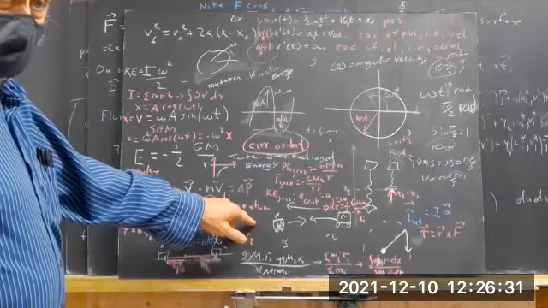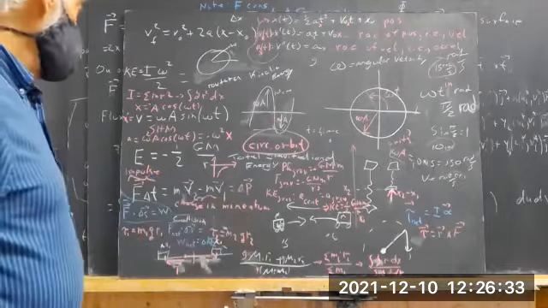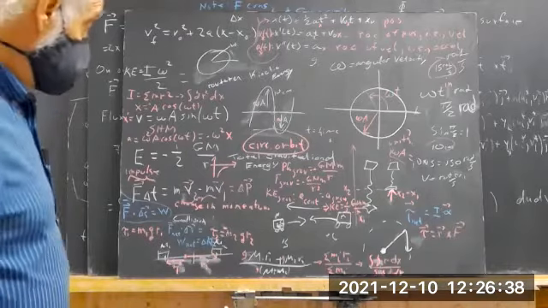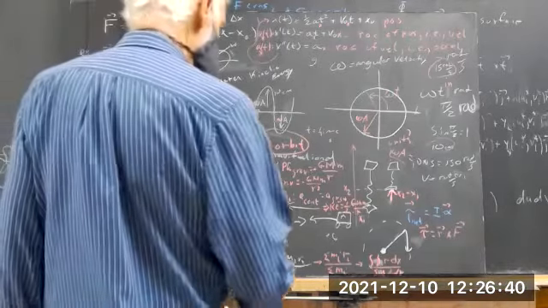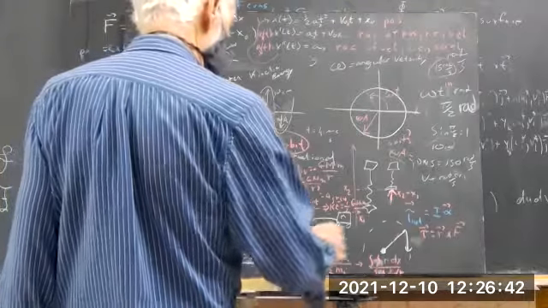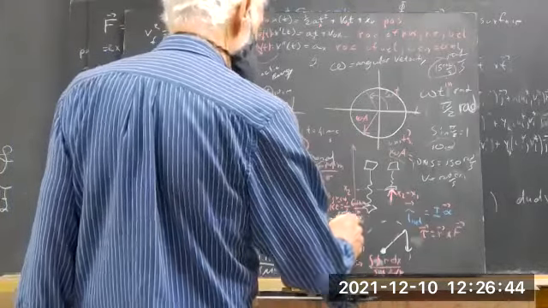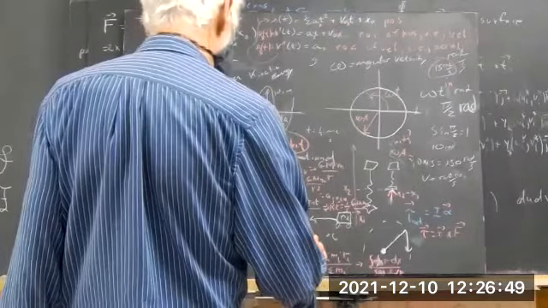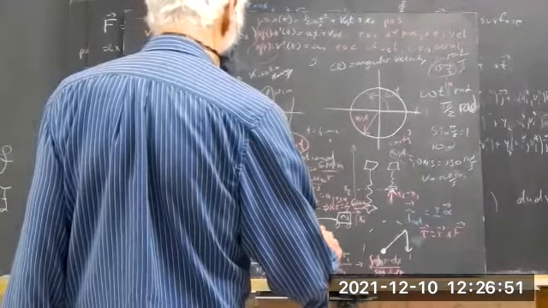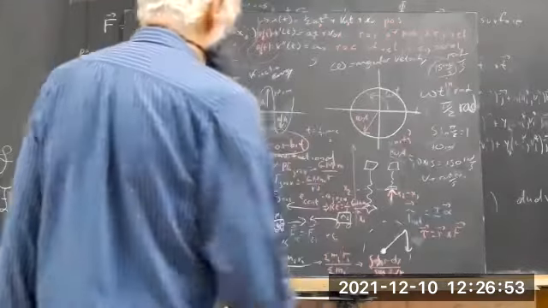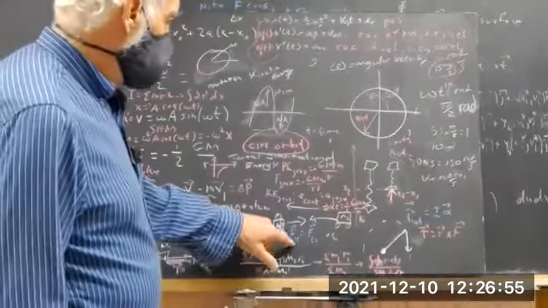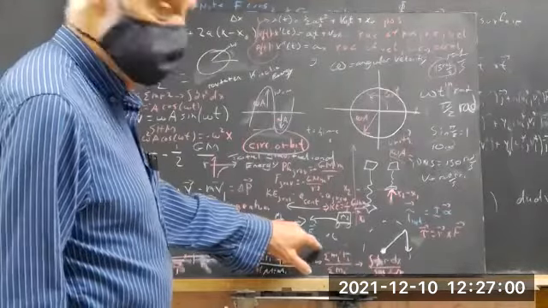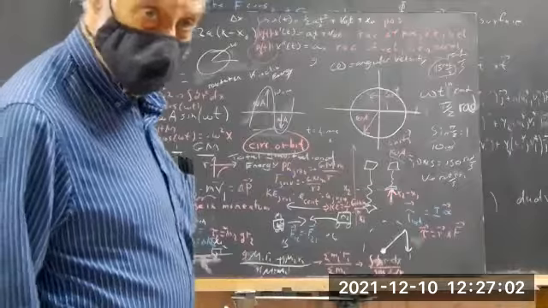Oh yeah, and collisions. If this is mass M1 and this is mass M2, then the force exerted on mass 1 by mass 2 is equal and opposite to the force exerted on mass 2 by mass 1, by Newton's third law.